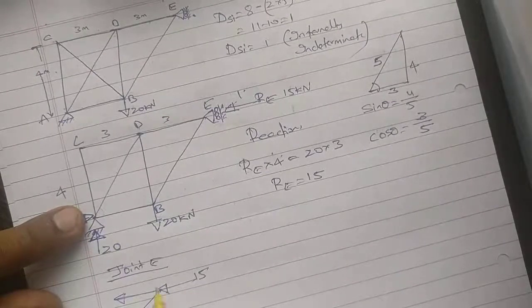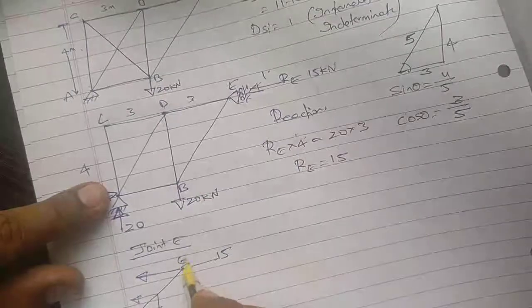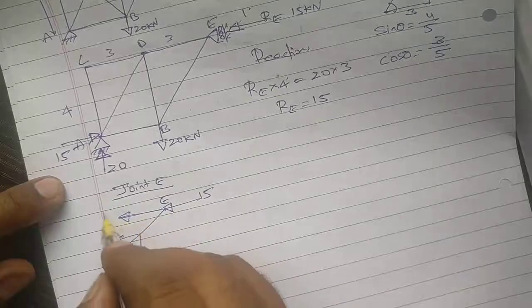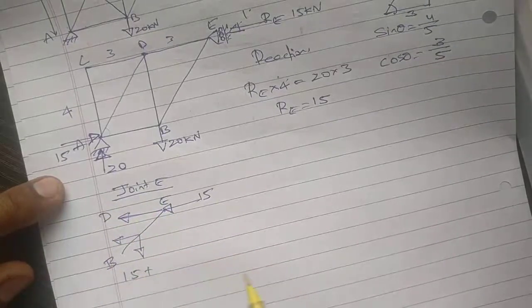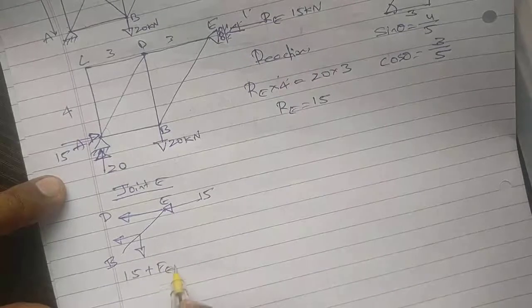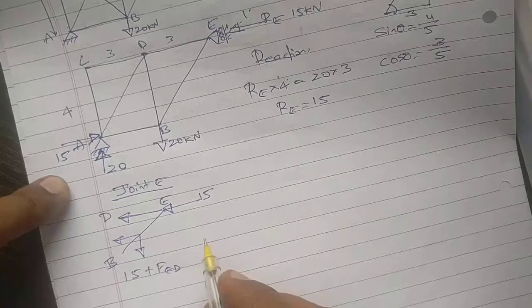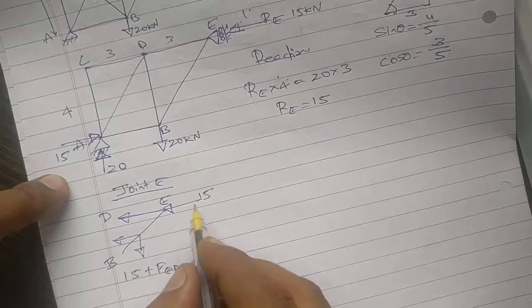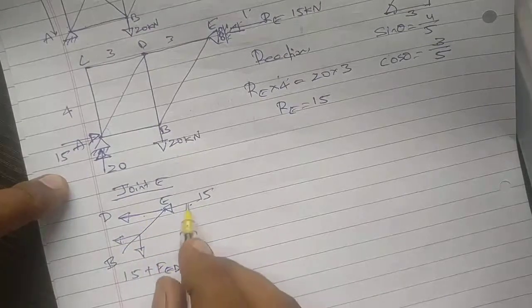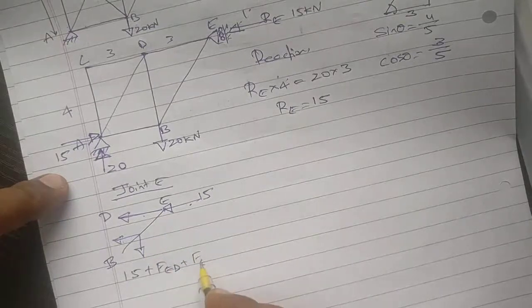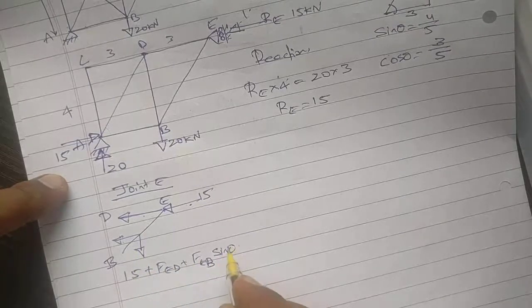This is E, this is D, this is B. FED plus FEB sin theta is equal to 0.